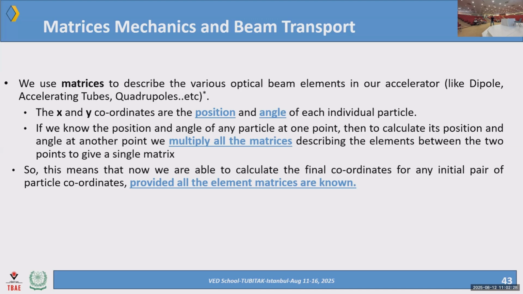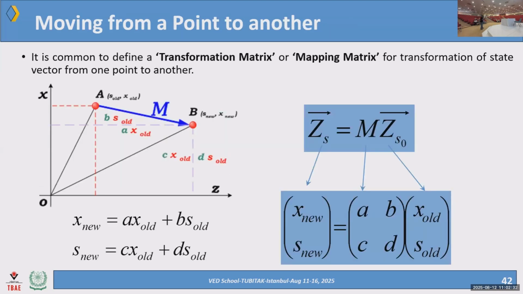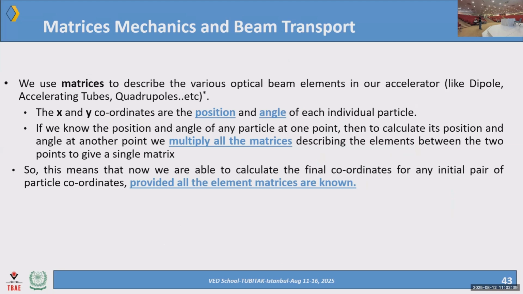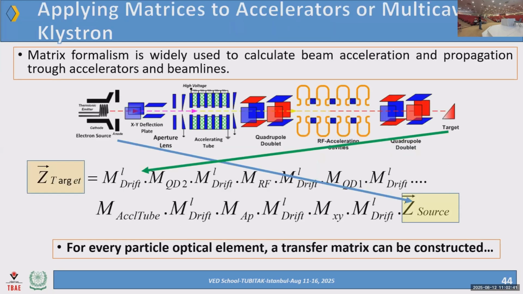I will show you the MATLAB program. These are the functions which act on a certain thing and generate a new thing. Okay, so transportation matrices are inevitable, and this cartoon shows that if the electron source has generated a state vector, it will first go in a space where there is no field. It will be a matrix with drift space.